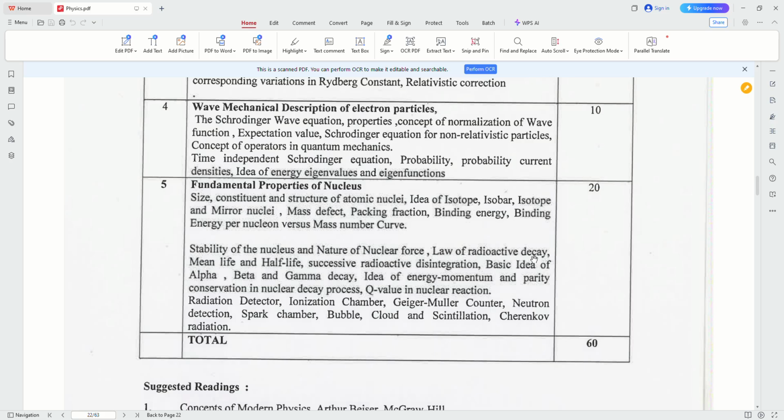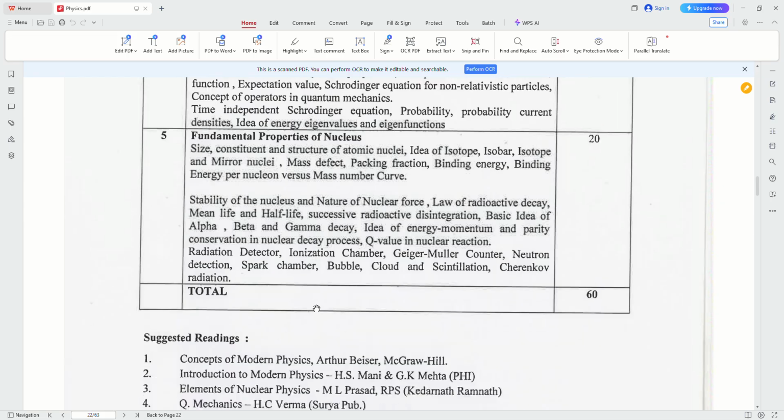Law of radioactivity, decay constant, mean life and half-life, successive radioactive disintegrations, basic idea of alpha, beta and gamma decay, idea of energy, momentum and parity conservation in a nuclear decay process, Q value in nuclear reactions, and radiation detectors: ionization chamber, Geiger-Muller counter, neutron detection, spark chamber, bubble chamber, cloud chamber and oscillations, Chernobyl radiations.